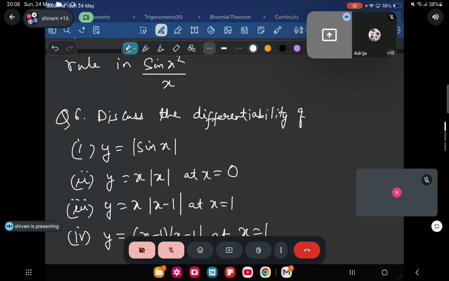But we are finding x. Yes, both are correct. Wait, let me check one by one. So it's differentiable. Now it is done.